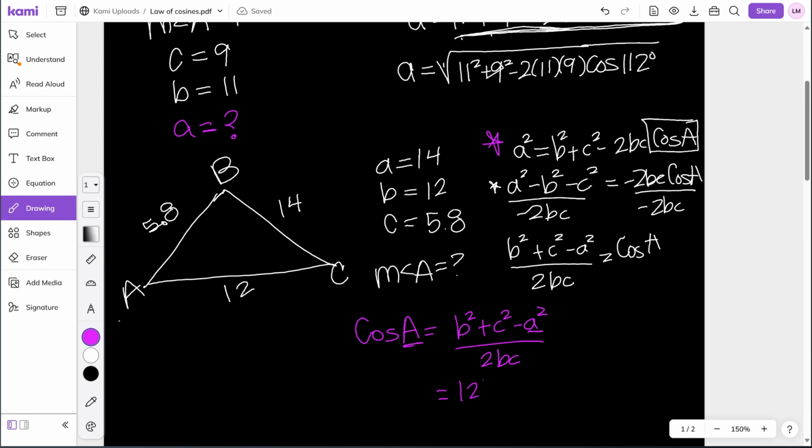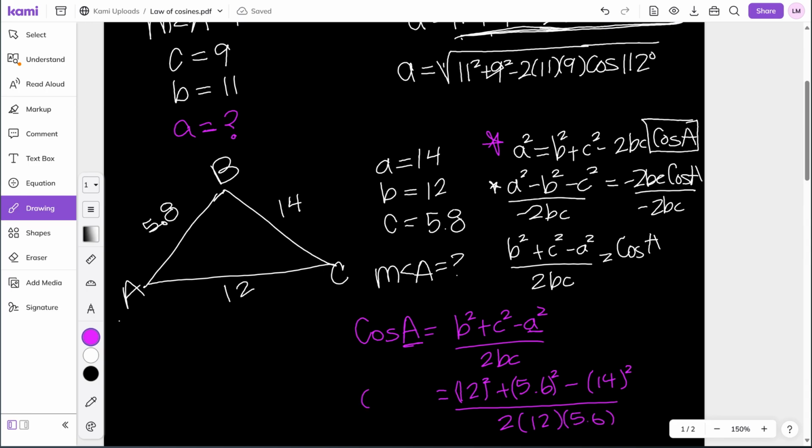So 12 squared plus 5.6 squared minus 14 squared over 2 times 12 times 5.6.